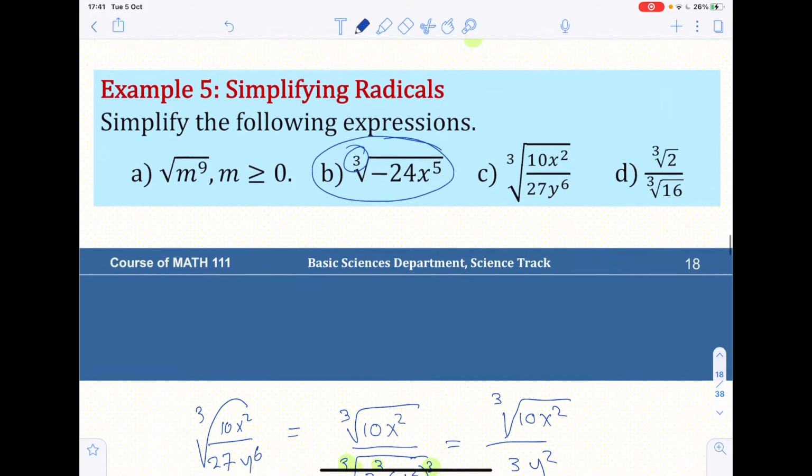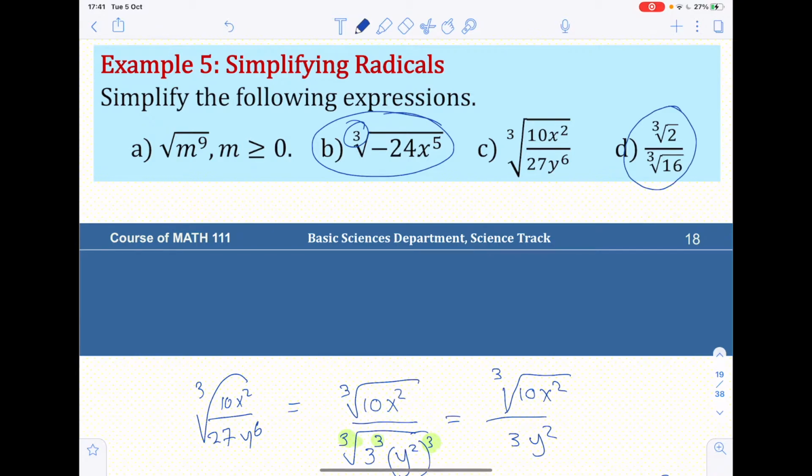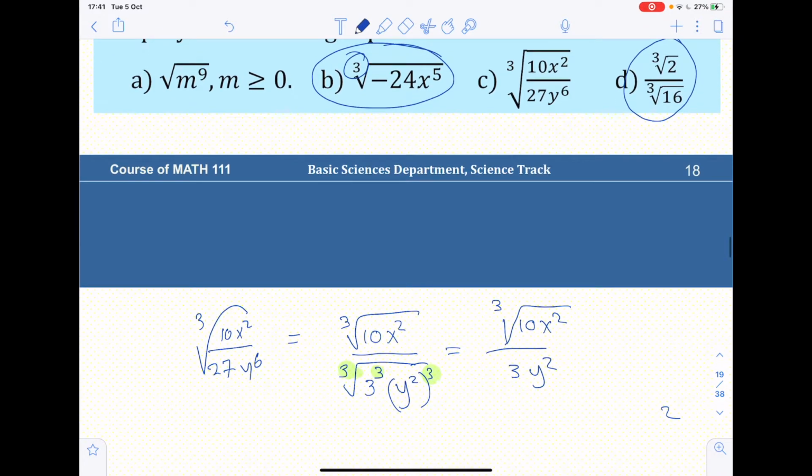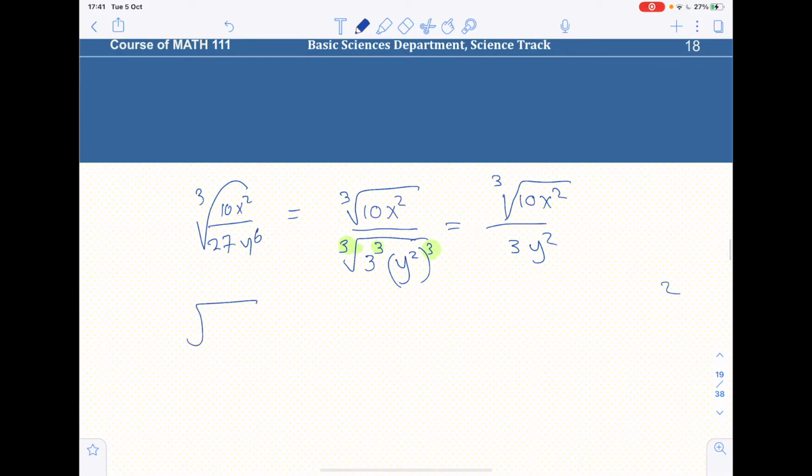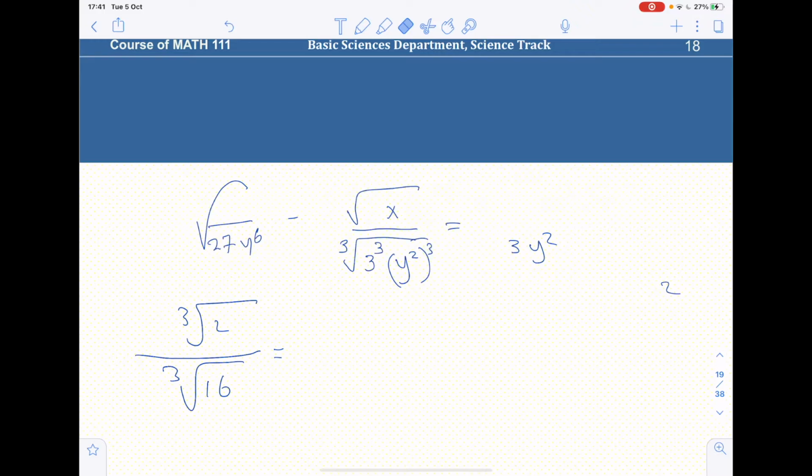Okay, the last one, the third root of 2 over the third root of 16. You know 16 is 2 to the power 4.